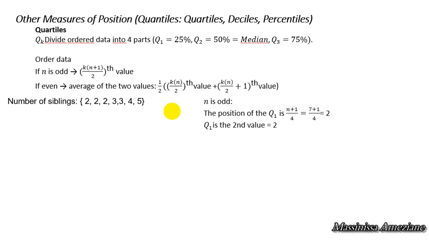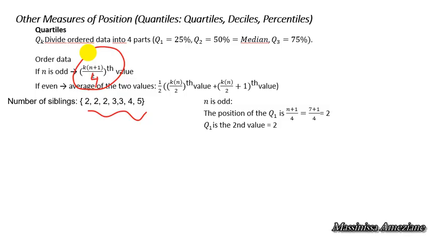It would be better. So imagine we have this data set with 7 observations, and here n is odd. Let's find Q1. The position of Q1 is, as we said, K times n plus 1 divided by 4.